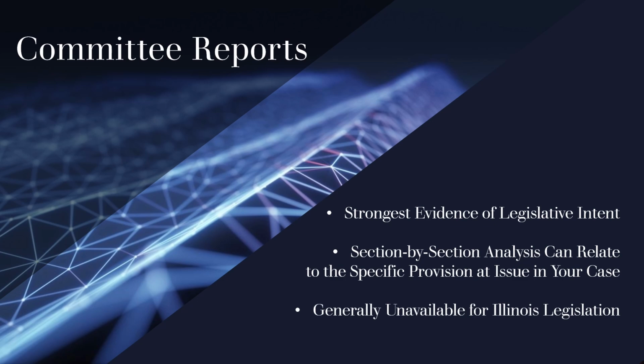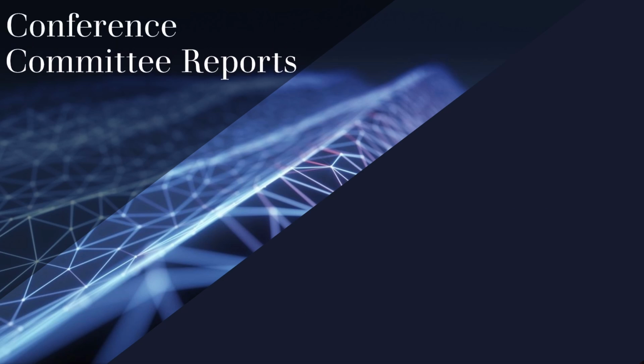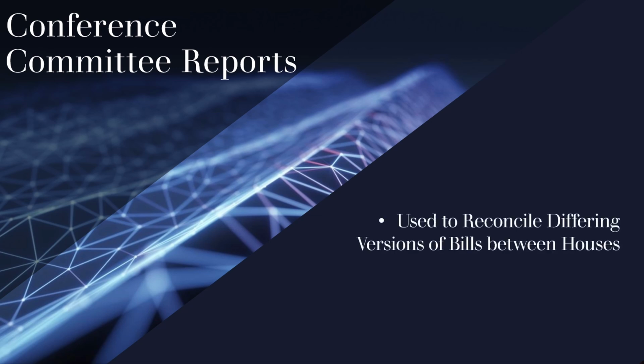It's worth noting that there is a special type of committee report in the history of some statutes, the conference committee report. When the houses pass two different versions of a law, the differences between those bills get sorted out in a special conference committee, comprised of members of both houses.